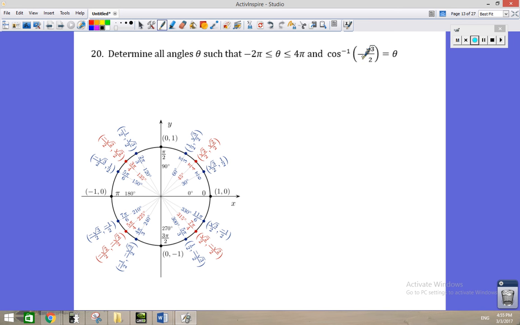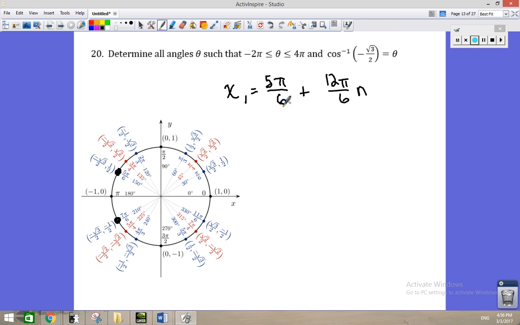So if I look on the unit circle for an x-coordinate of negative radical 3 over 2, I find it at this point, and I find it at this point. So I can write this 5 pi over 6, and the period of this is 2 pi, but I'm going to write 2 pi as 12 pi over 6. So now, by substituting in different values of n, I can provide you answers that are between negative 2 pi and positive 4 pi.